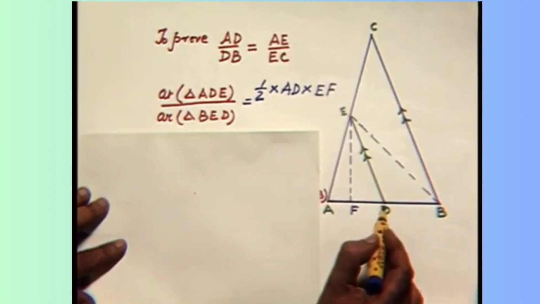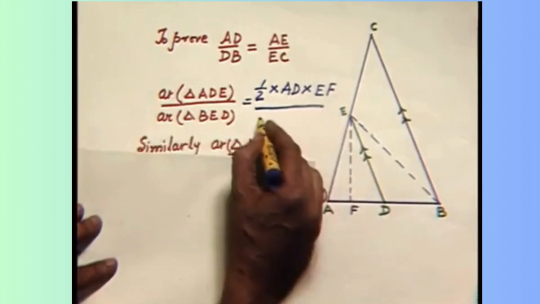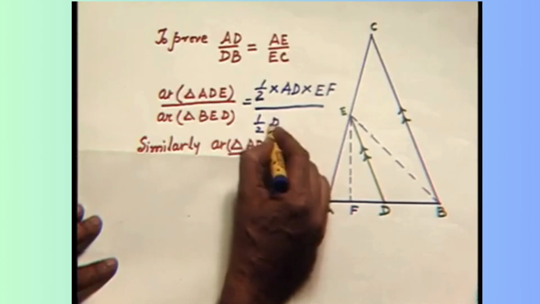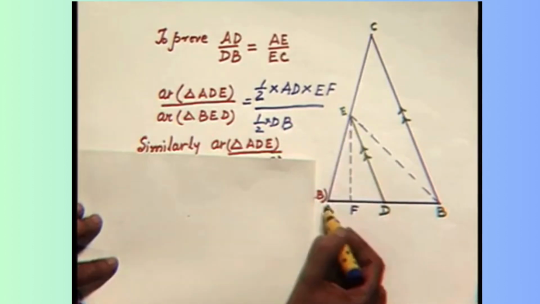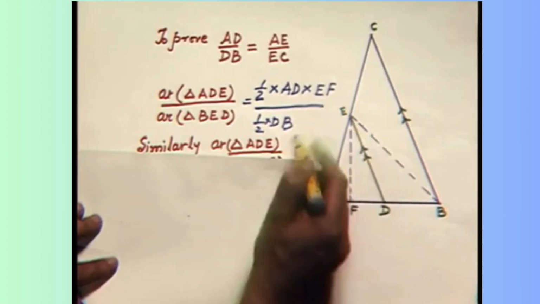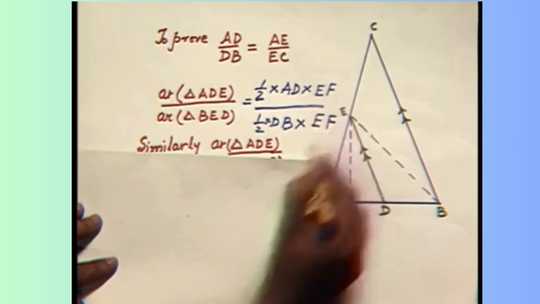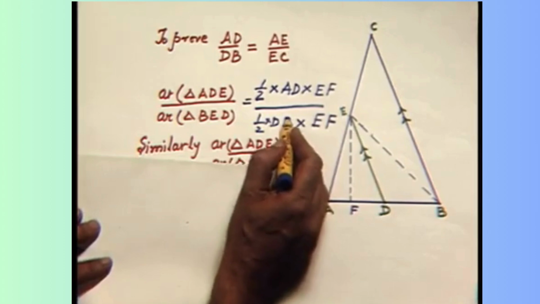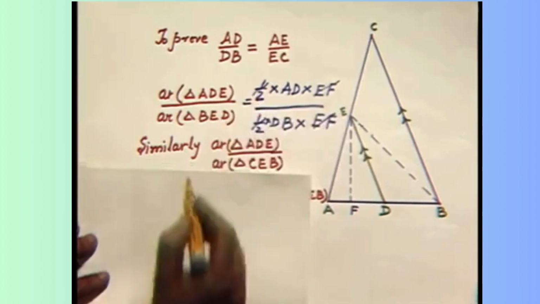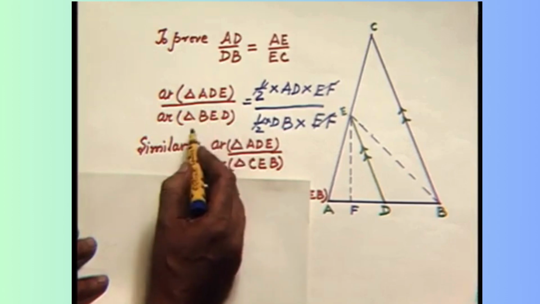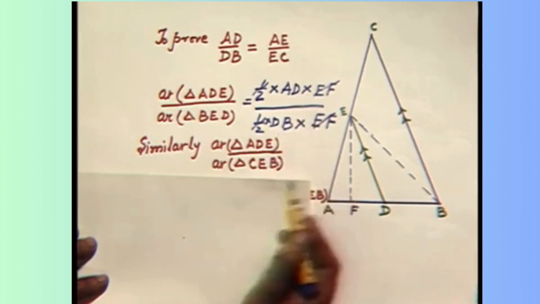And how about the area of triangle DBE? Its base is DB and the height is the same as that of triangle ADE, that is equal to EF. This common factor EF cancels out, half and half cancels out. So, we find that the area of triangle ADE to the area of triangle BED is AD upon DB.